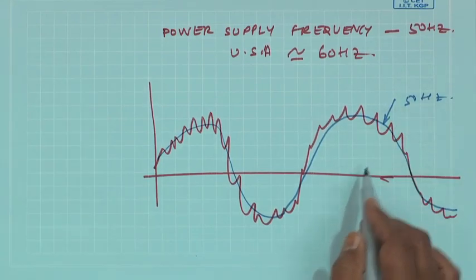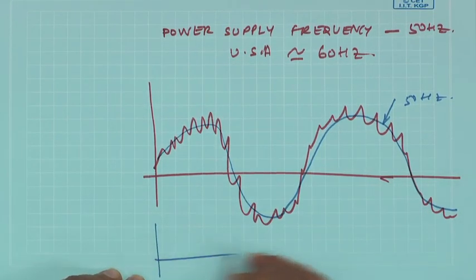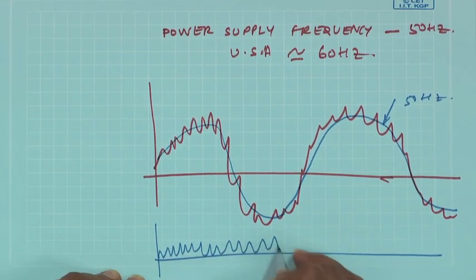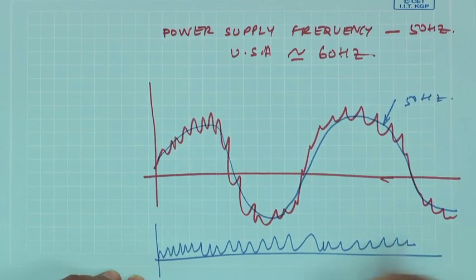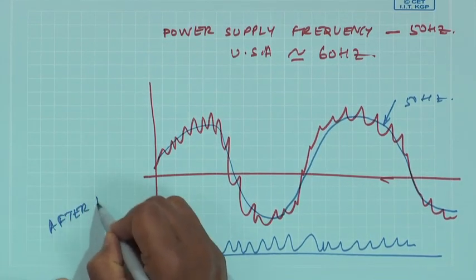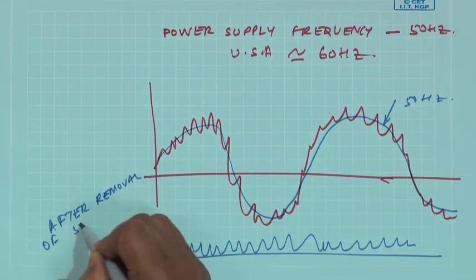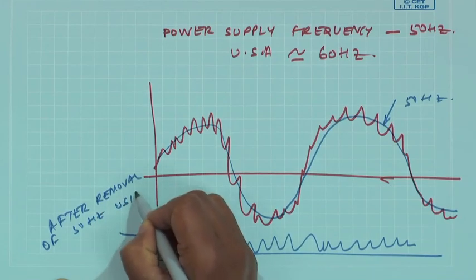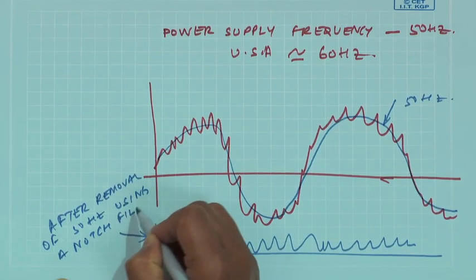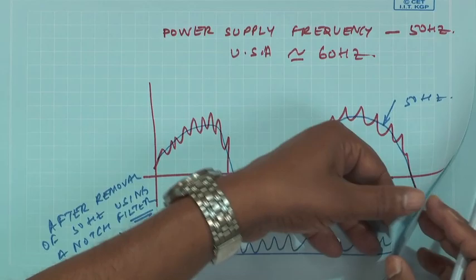So, I could use the notch filter to remove the 50 hertz signal, and then I can get my actual signal. After removal of 50 hertz using a notch filter, and this can be done.